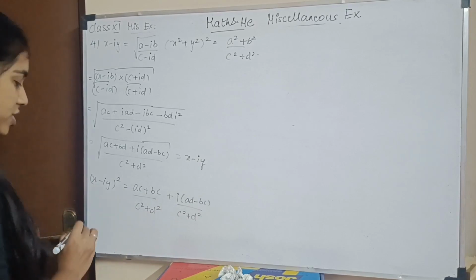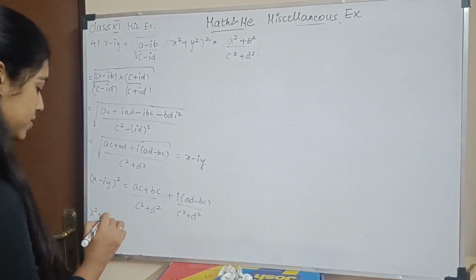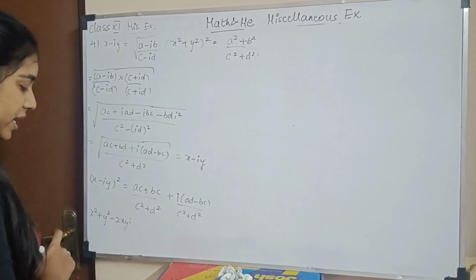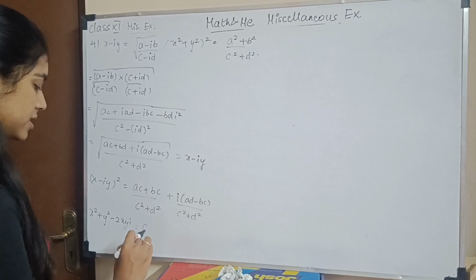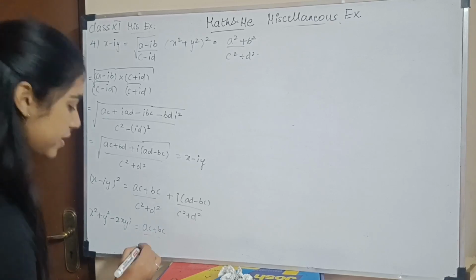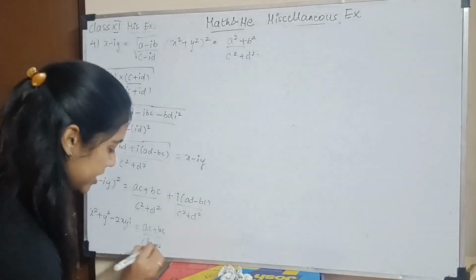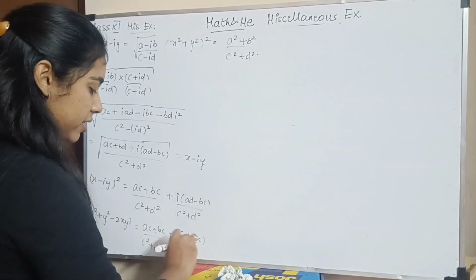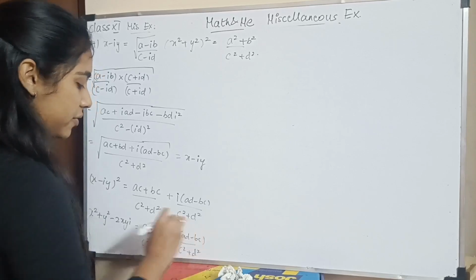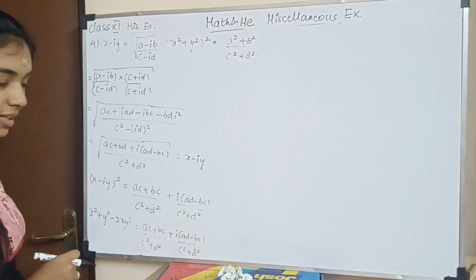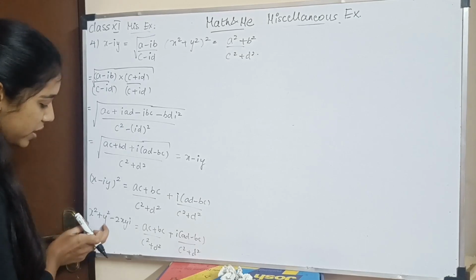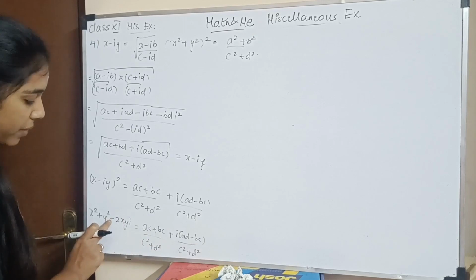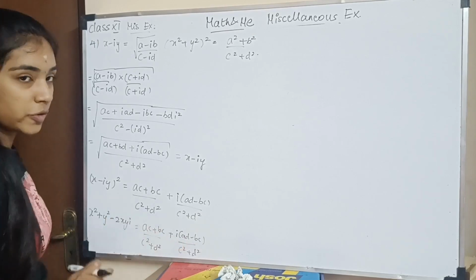When I open my LHS, I have x square plus y square minus 2xy i. So now after removing the square root, I can equate the imaginary and the real parts. Correct? So now x square minus y square is (ac plus bd) by (c square plus d square). Then minus 2xy is nothing but this term without the i.